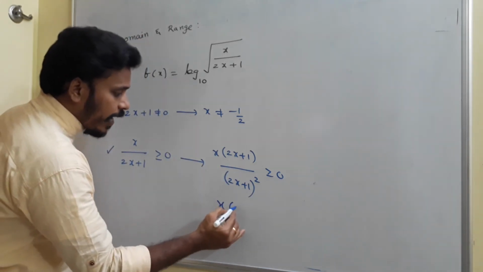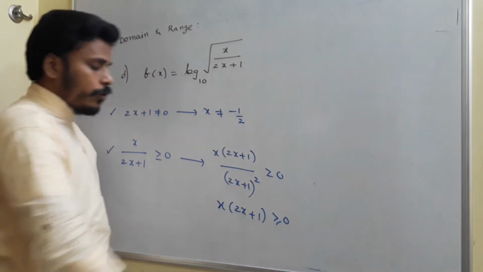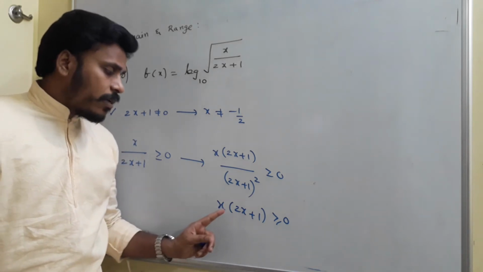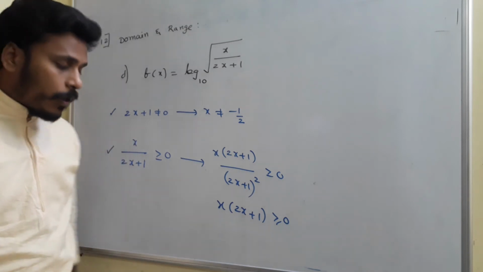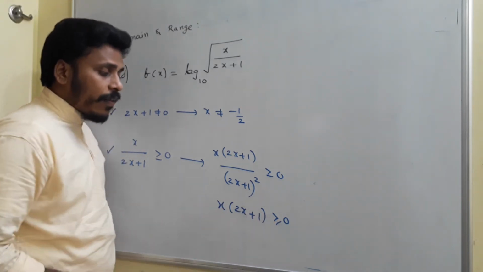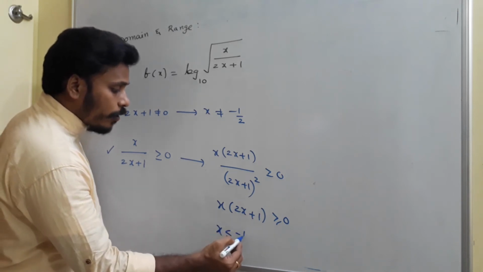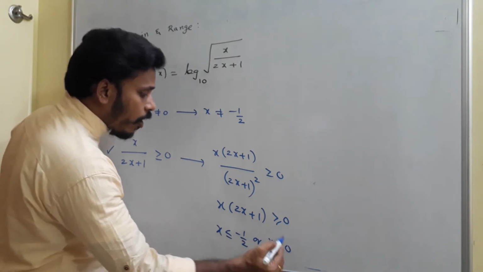Then you will get x into (2x plus 1) greater than or equal to 0. If you find the roots of the quadratic, 0 is one root and minus 1 by 2 is the other root. Since we have the greater than or equal to sign, x is less than or equal to minus 1 by 2 or x is greater than or equal to 0.